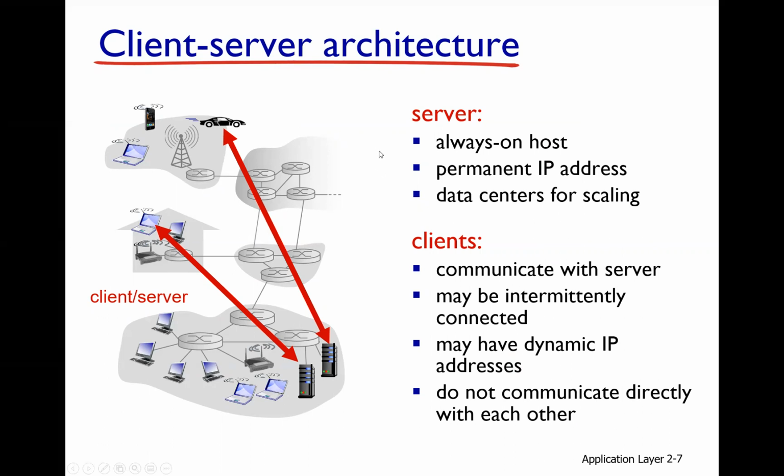So when it comes to network application architecture, in the client-server model each of the users will be connecting to a server. In this example, we're assuming that the server is in an institutional network. But of course, each of the end systems or hosts can be a server themselves.